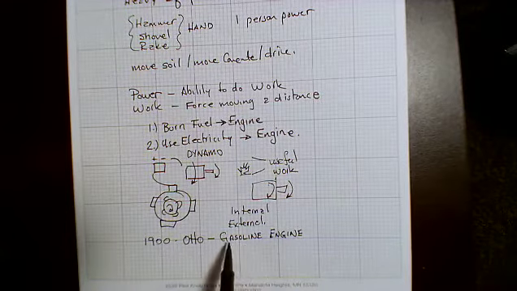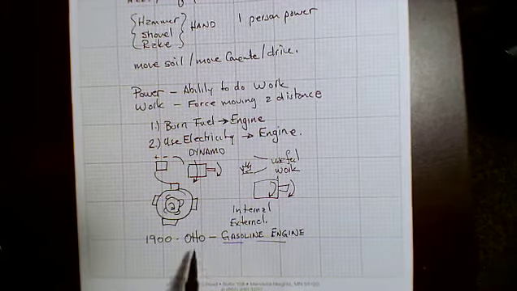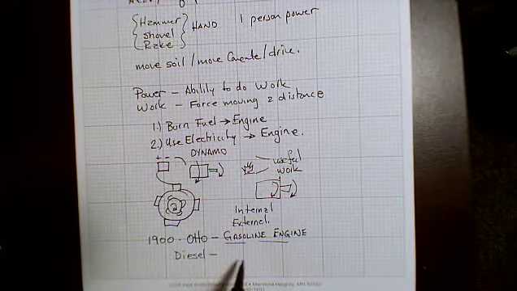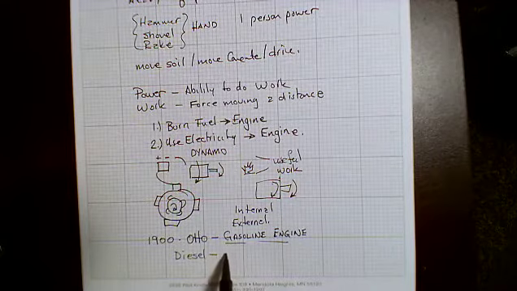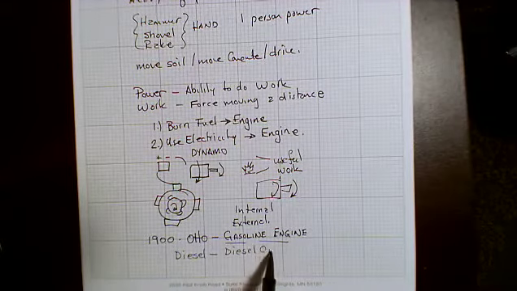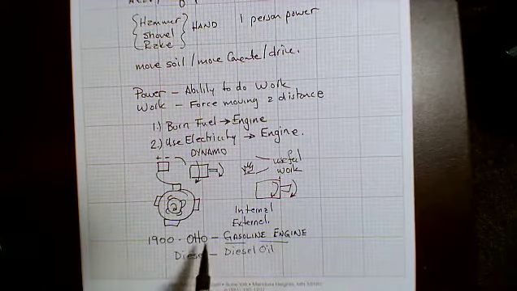And so we have gasoline engines that are made widely available nearly simultaneously. A diesel engine is developed by, not surprisingly, Diesel in Germany. This uses a diesel fuel or diesel oil, and it burns that oil in an internal combustion engine, all of which we do to turn a crank.